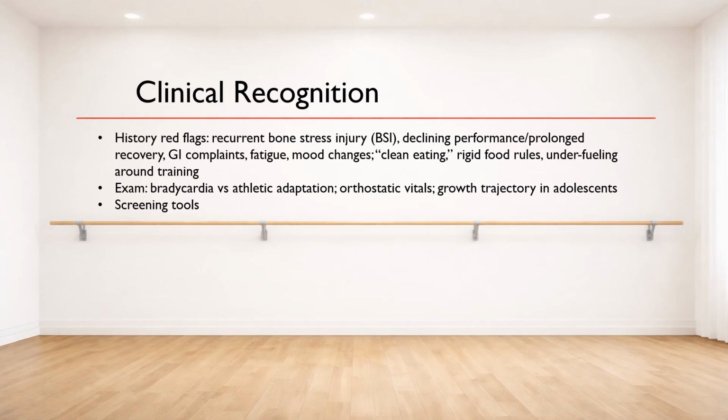On exam, it's important to differentiate healthy athlete bradycardia versus concerning bradycardia related to low energy availability. We think about orthostatic monitoring, so checking vagal tone with orthostatic vitals can help reassure or improve your assessment of an athlete with bradycardia.